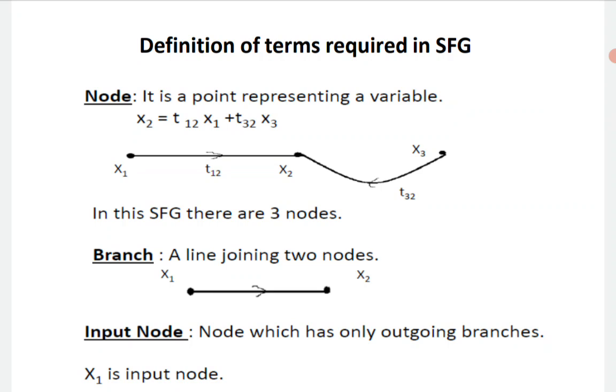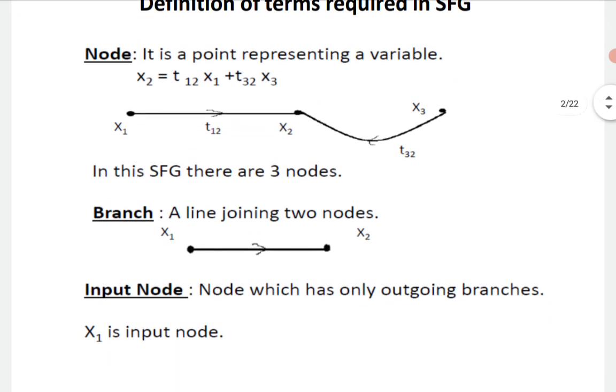If I represent the compact SFG from this diagram, x2 is equal to t12 x1, because t12 is my transmittance parameter, or the transmittance gain, because here x1 is a source, similarly x3 is also a source, and x2 is my sink, that is inflow nature, all the arrows are entering that node. That's why x2 should be treated as a sink node and represented as an output. So x2 is equal to t12 x1 plus t32 x3.